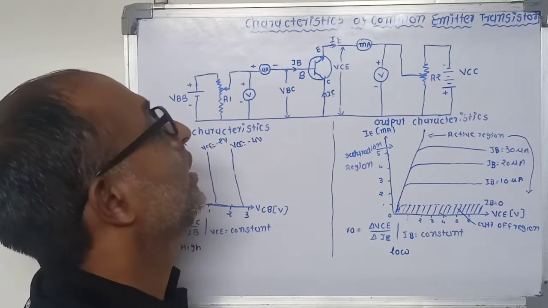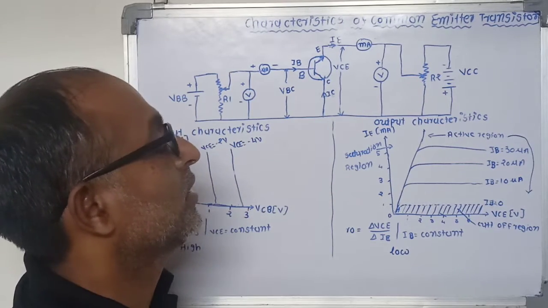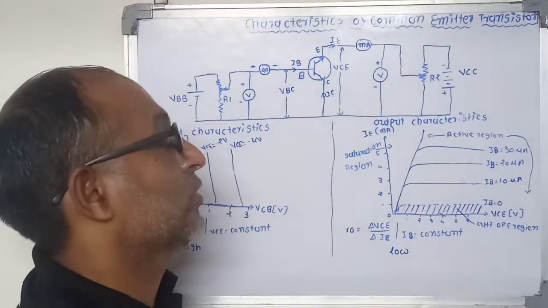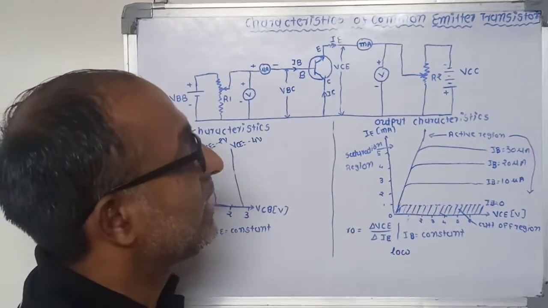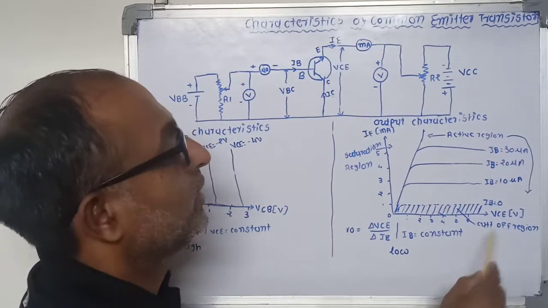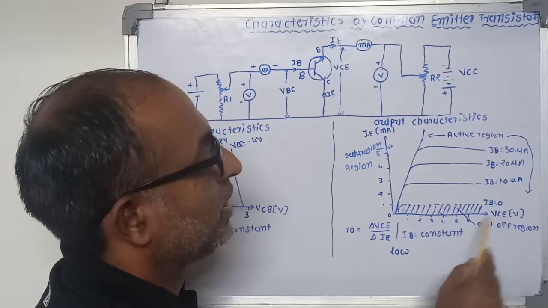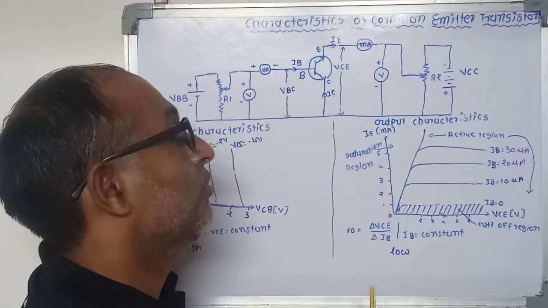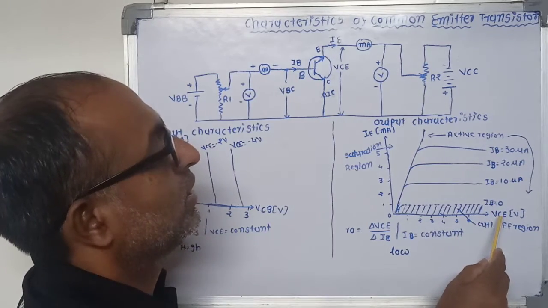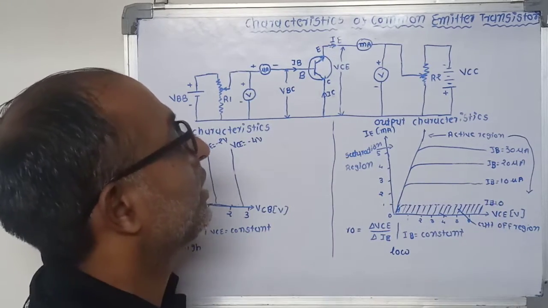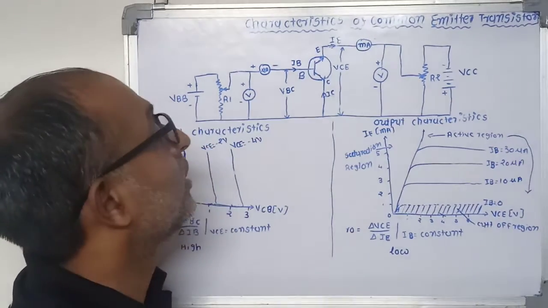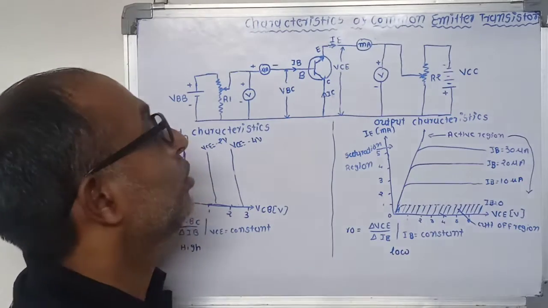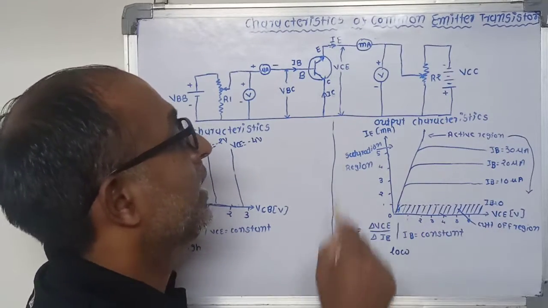So to determine the output characteristics of the transistor, first the base current is kept constant and it's set at 0, and then the voltage across the collector emitter junction is increased from 0 to different voltage levels. For the different voltage levels of collector emitter junction, the emitter current is recorded. Then draw the graph between VCE and IE.